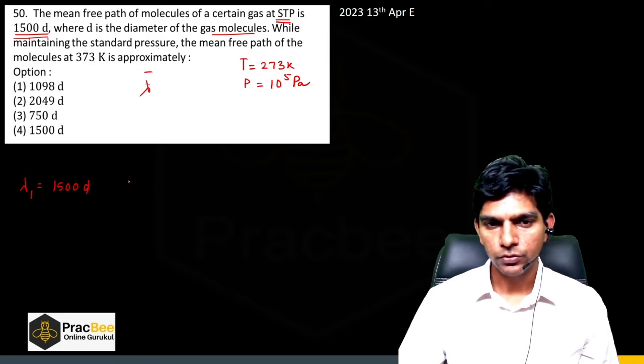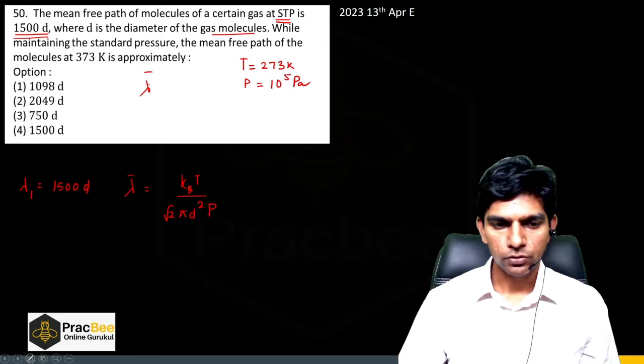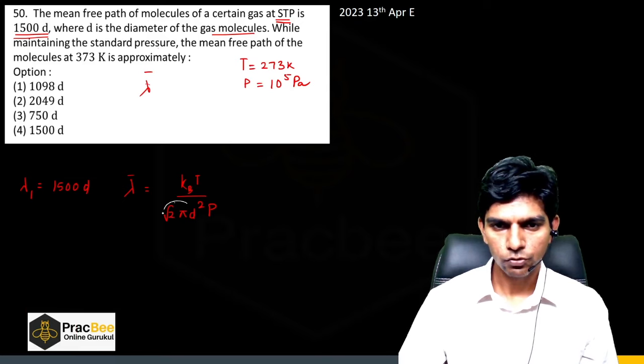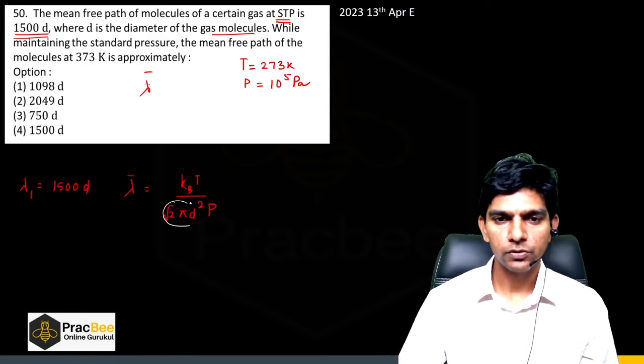So we are going to use this formula. Mean free path is kT upon root 2 pi d square times P. Let us see what factors are constant. Root 2 pi, D is also constant, right? Pressure is also constant. Only temperature is changing.